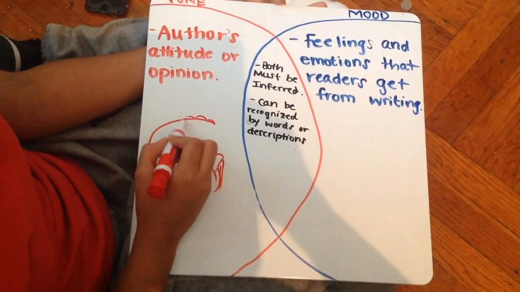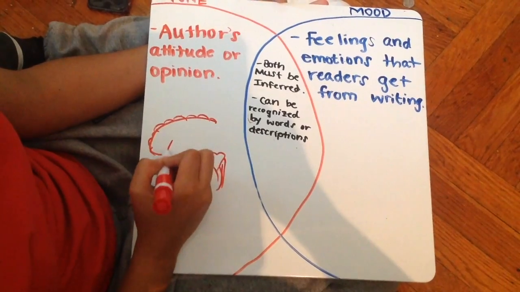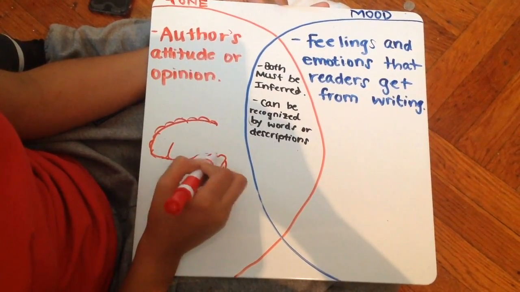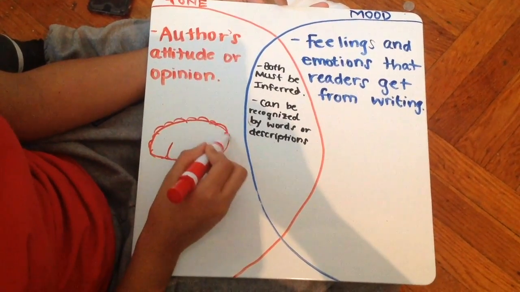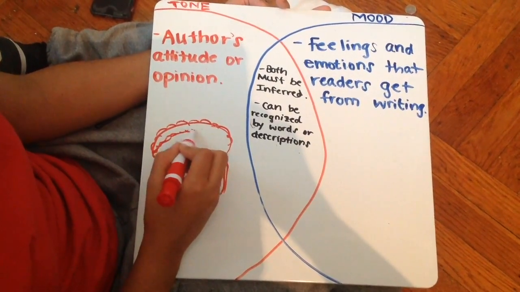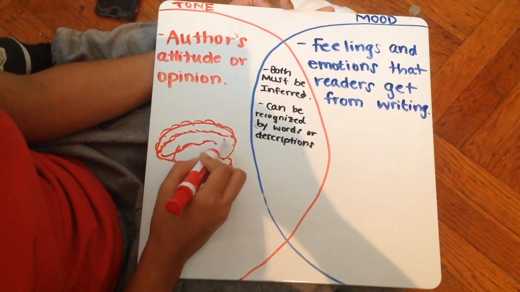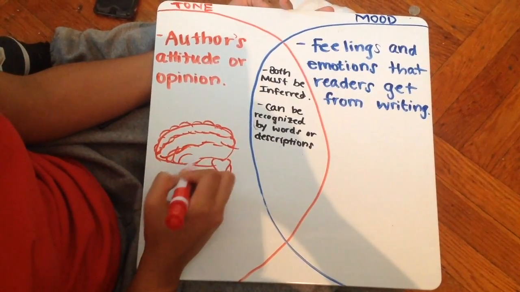In the end, you should think of tone as sort of like a brain, because it is the perspective or attitude that the author adopts with regards to a specific character, place, or development.